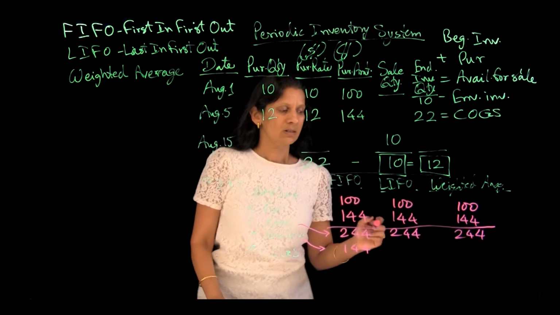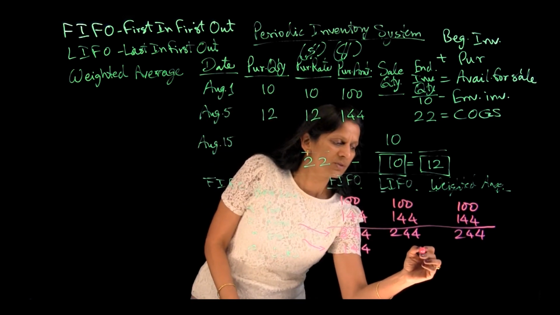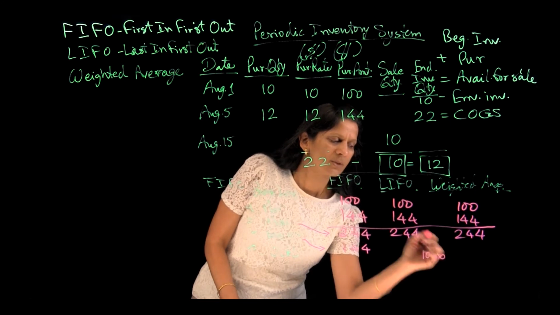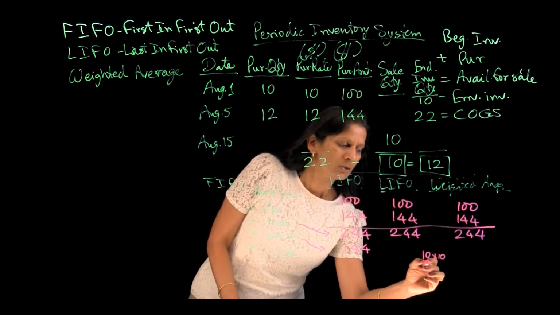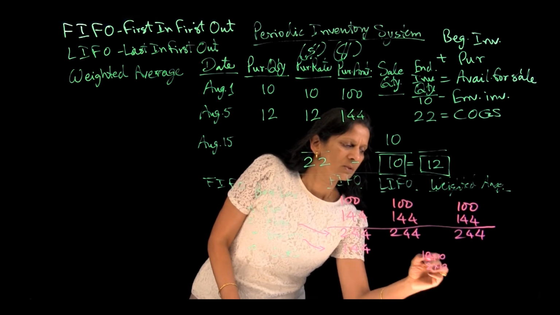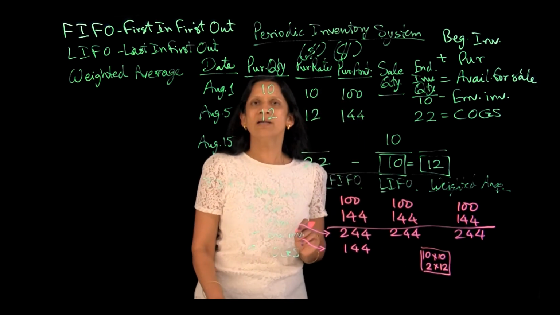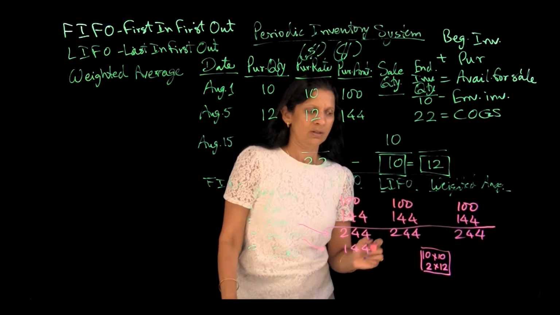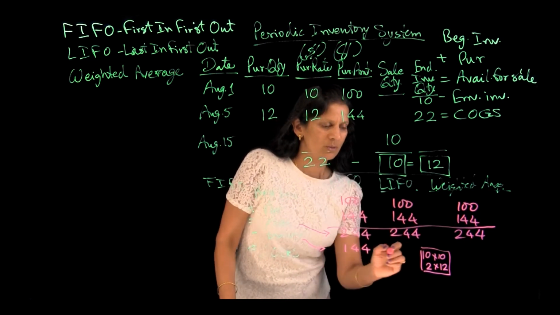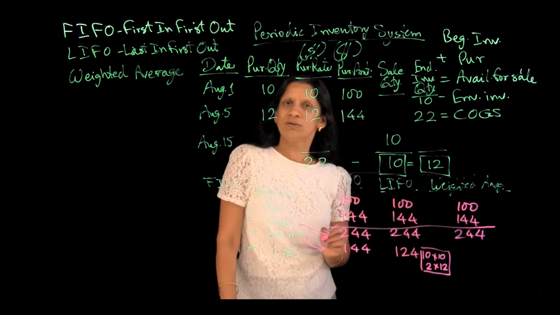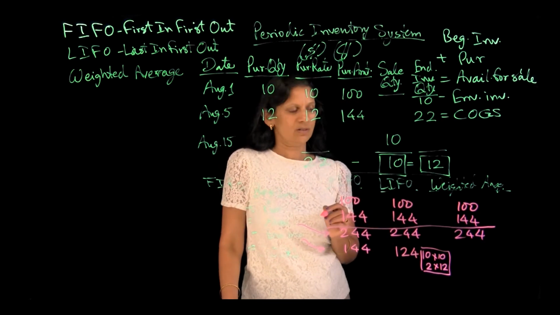So these 12 units consist of 10 items which I had purchased at 10 and 2 items which I had purchased at 12. So in this way, my ending inventory by last in, first out is my older stock. So 100 plus 24, 124, is the value of my inventory as per last in, first out.